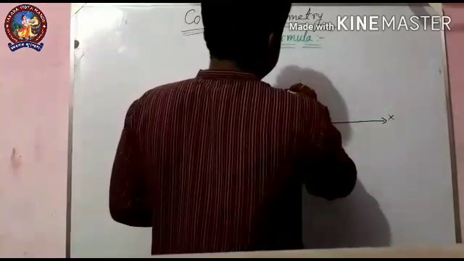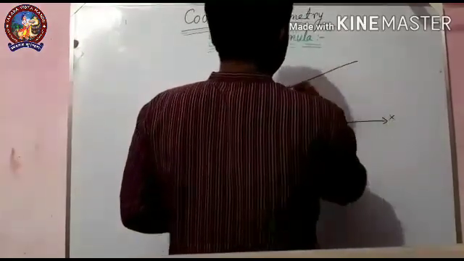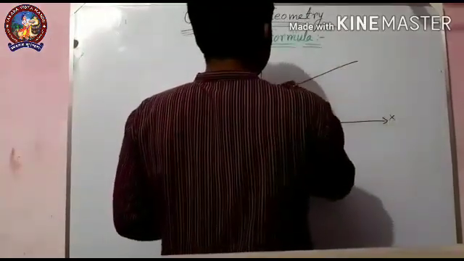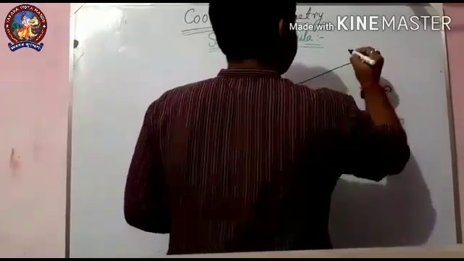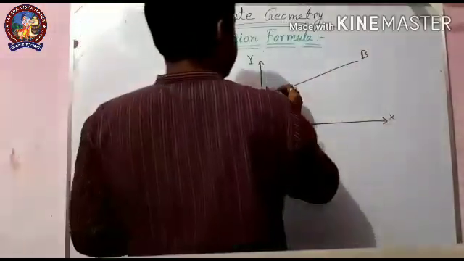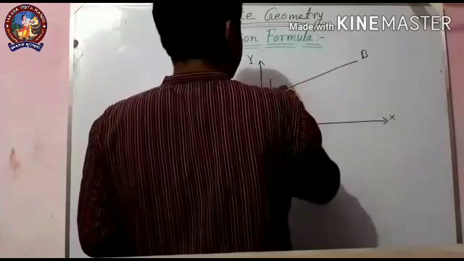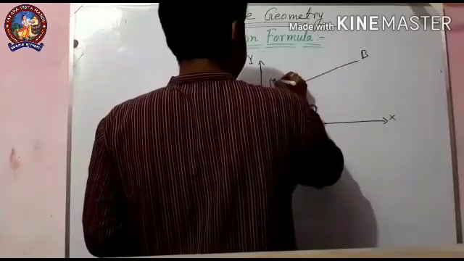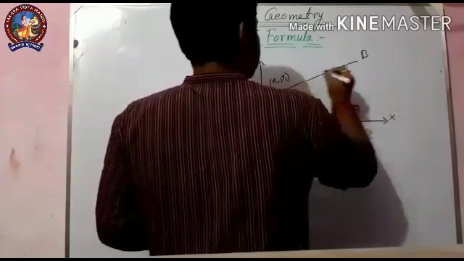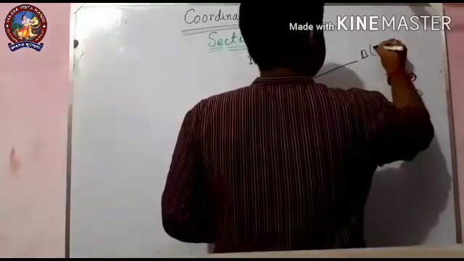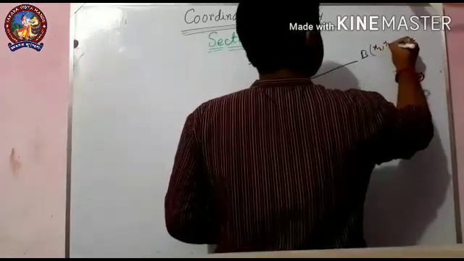Now let's take a line segment AB with the ending points A and B, and the coordinate of the point A is (x1, y1), and the coordinate of the point B is (x2, y2).